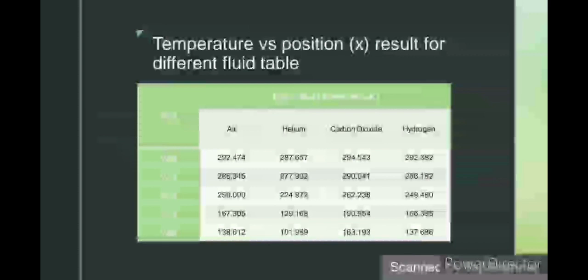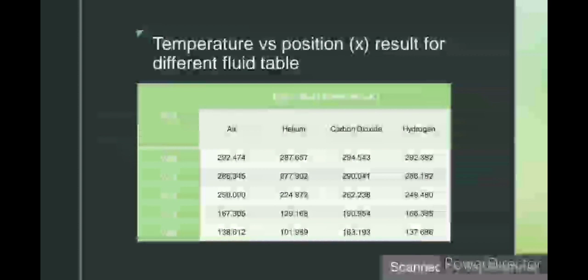From the table, we can see that the gap difference between all 4 types of fluid, which are air, helium, carbon dioxide and hydrogen, was not much at the start.